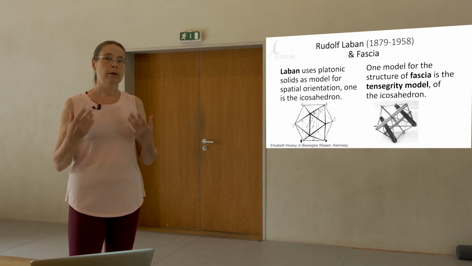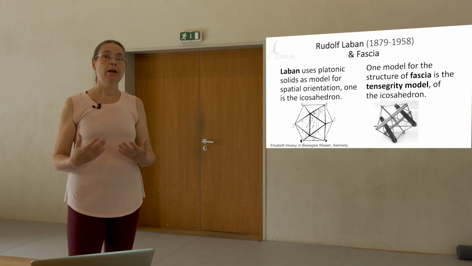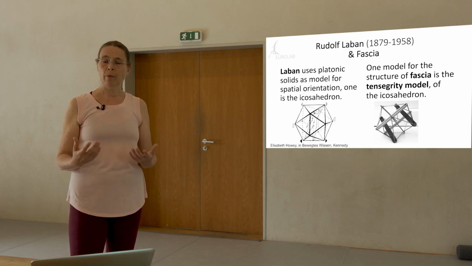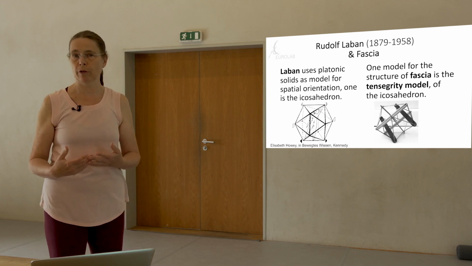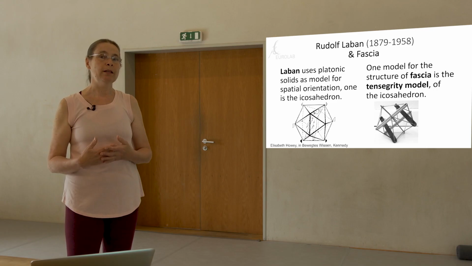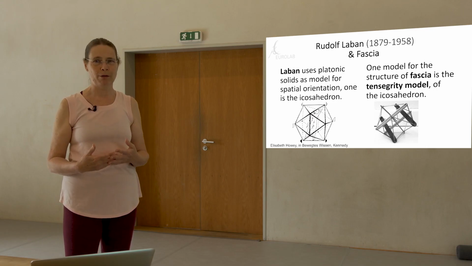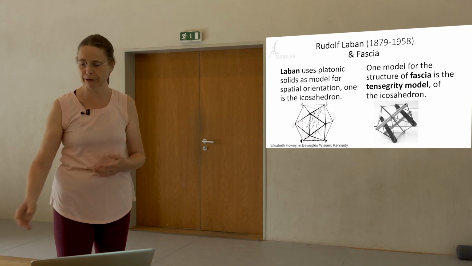Now, the fascia people are using that model in a similar but different sense. Their way of looking at it is through the tensegrity of the model, and this usually came from Buckminster Fuller. Interestingly enough, Irmgard Bartenieff also knew about Buckminster Fuller's ideas. So there was a lot of cross-referencing here.